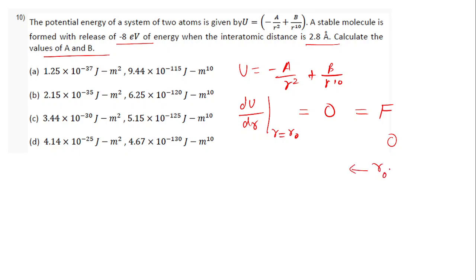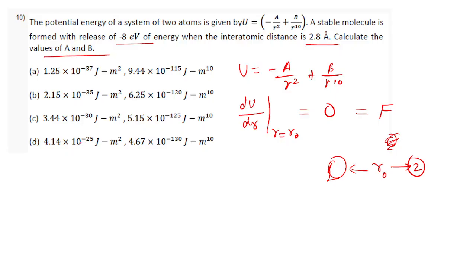The distance r0, which we are calling equilibrium between atom 1 and atom 2: when these atoms are at equilibrium distance, there is no force acting between them, no repulsion, no attraction. Then they achieve this stable energy situation. The force is the derivative of potential energy, so the force becomes 0 at equilibrium distance. That's why we take the derivative and then put r equal to r0.